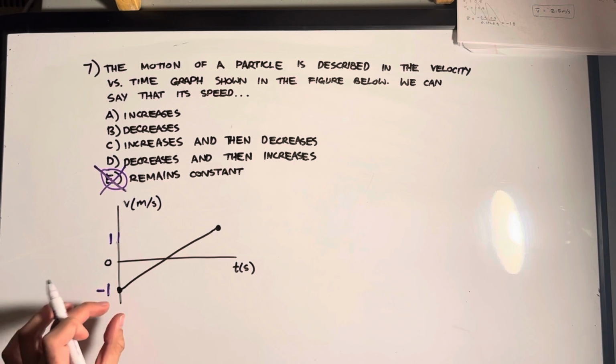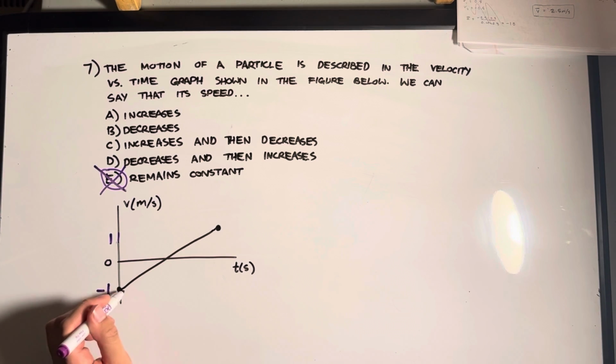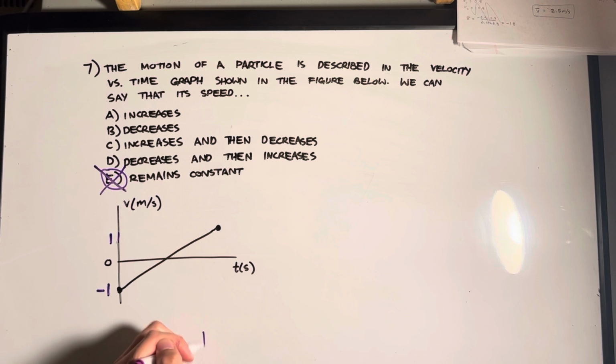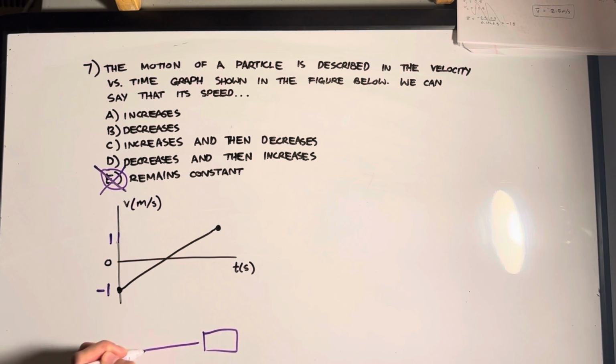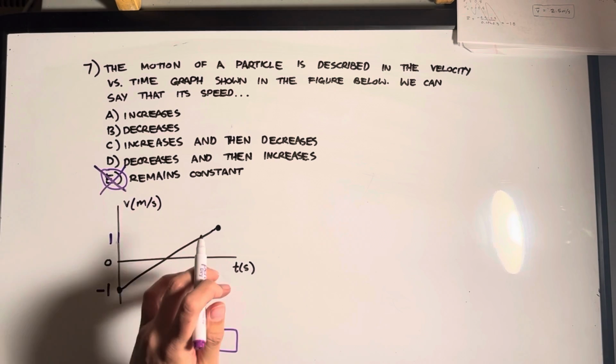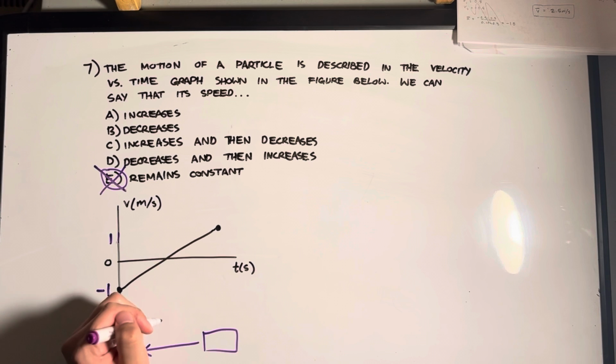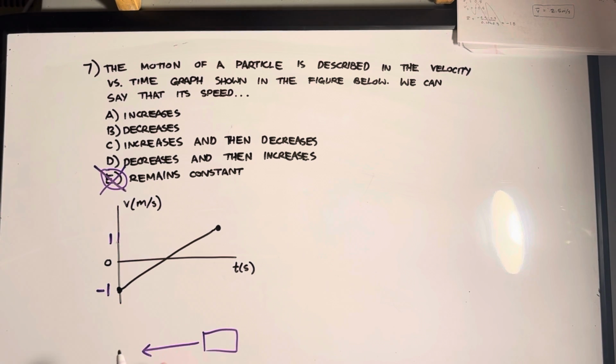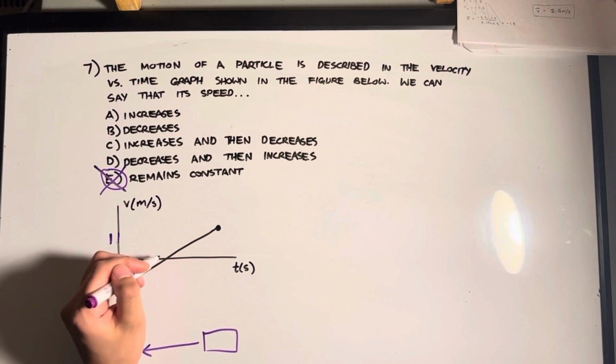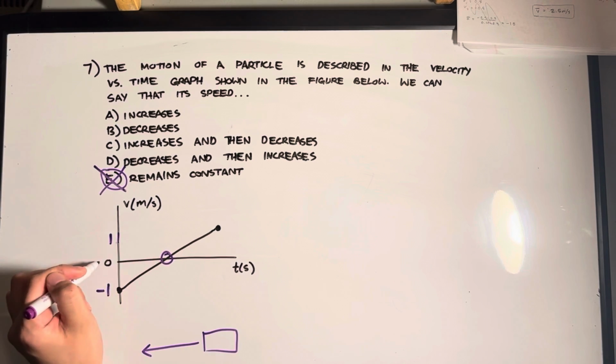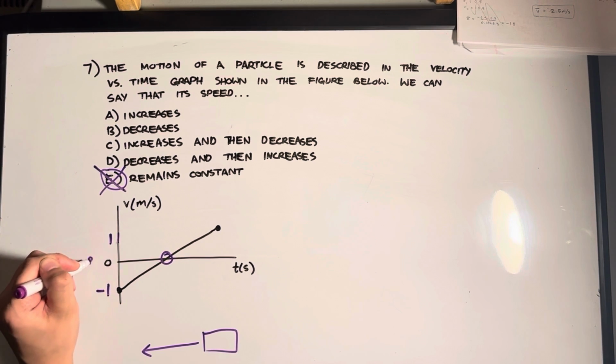Actually, since we're starting from our negative values, it shows that, let's say we have a car. Actually, this car is accelerating, and I say accelerating because we have velocity versus time, so it's accelerating backwards. But then after some time, it comes to a stop because it reaches 0. So that means it stops.